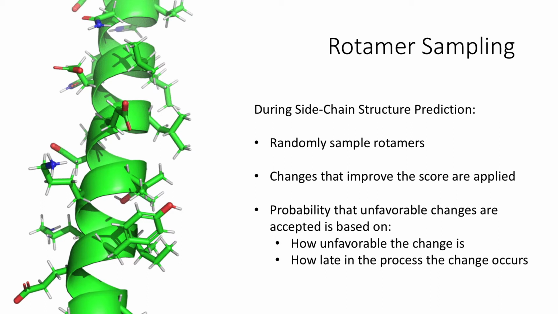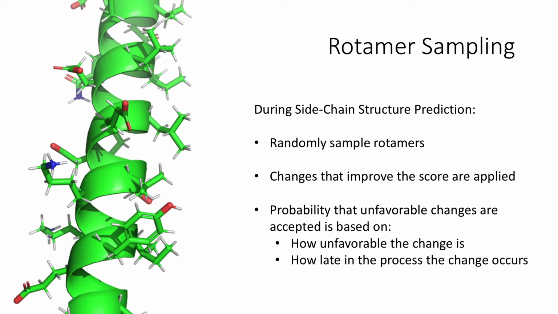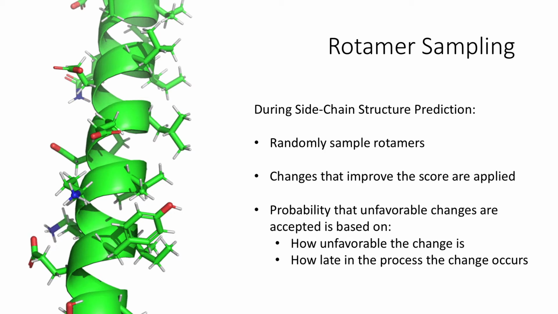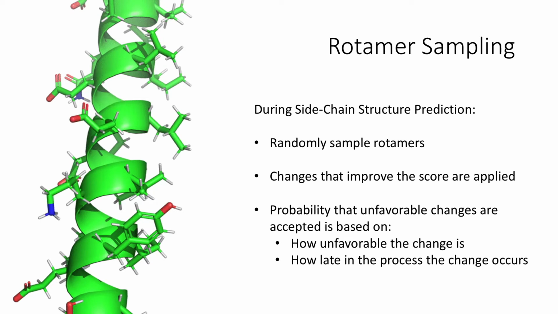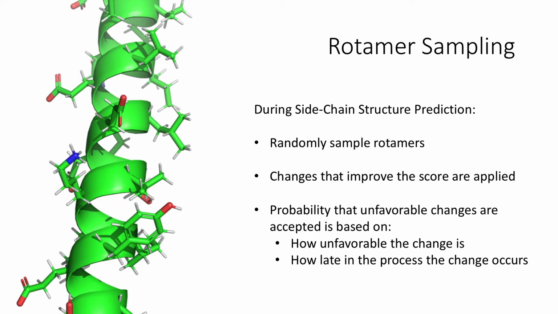This is where it gets a little bit messy, but when you have this whole chain and you want to predict all of the sidechain conformations for the chain, you have to build all of these rotamer sets for each position. And then the way Rosetta makes its prediction on sidechain conformation is it gives random assignments for every position, and then stochastically makes changes: it'll pick a position and then pick a different state for that position.